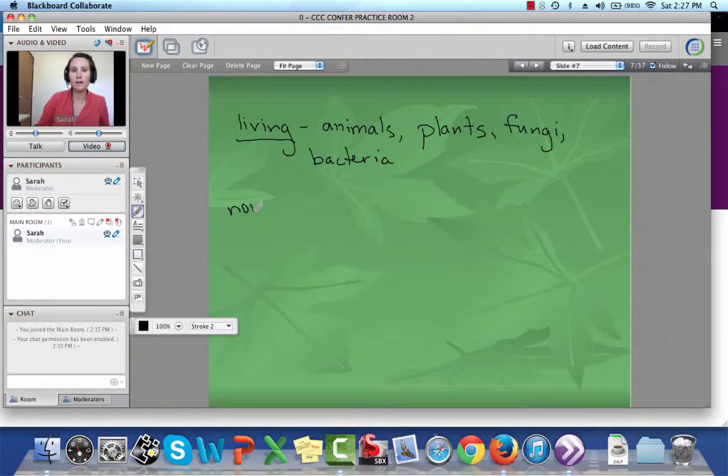And then, of course, the non-living. This is the more complex part, because within non-living, you have the natural non-living things: weather, rocks, clouds, continents.